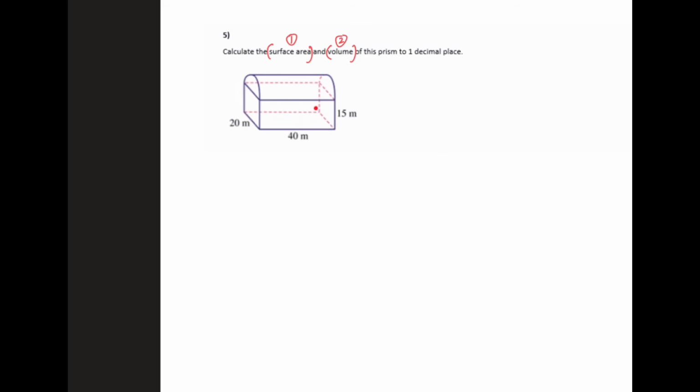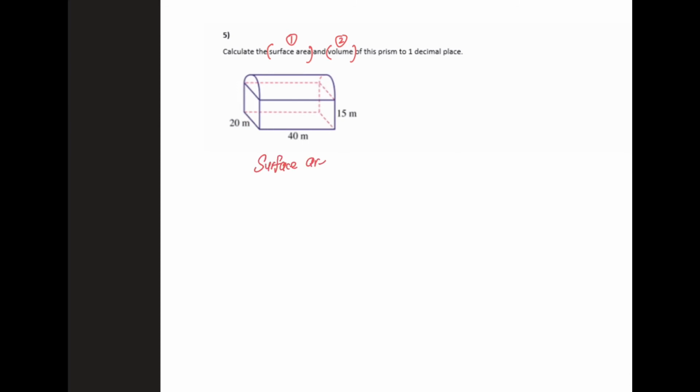I mean, this is left and right, so front and back, another rectangle. At the bottom we have also one more rectangle, so we have plenty of surfaces to add up. Okay, so now let's start from the surface area.